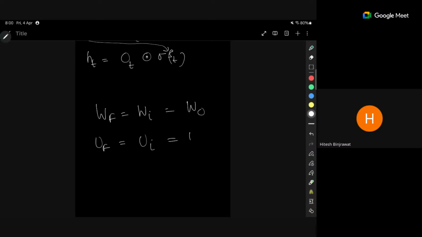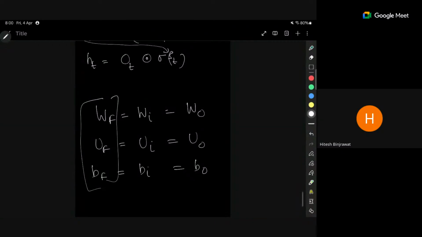If you know one, then you know the others are equal. So you can figure out these dimensions and multiply by 3, so that you get the number of parameters in the gates.